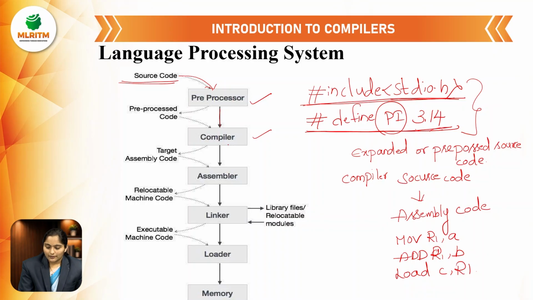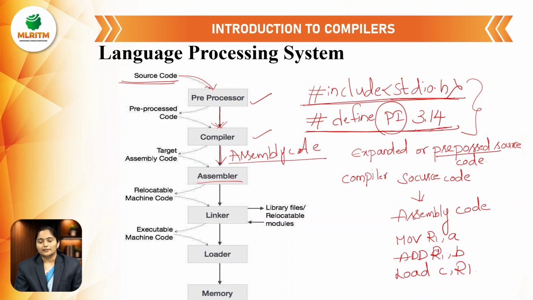The compiler takes the pre-processed source code and produces assembly code, and that assembly code will be given to the assembler. The assembler takes assembly code and converts it into equivalent machine code. This machine code is directly understood by the CPU.